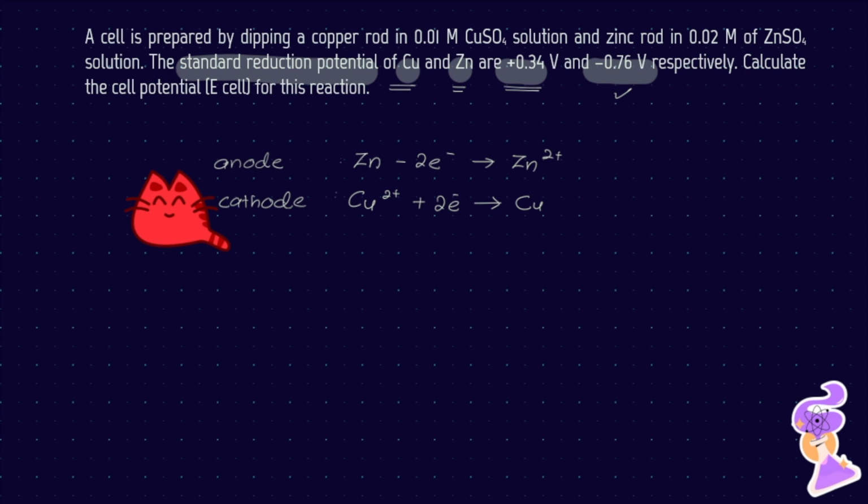Now what you are going to write here is the E cell standard. For copper, you just have to copy 0.34, but for the zinc, because this is standard reduction and you already changed it to oxidation, from negative 0.76 you change to positive 0.76 volt. Therefore, you will get your standard cell potential equivalent to the summation of these values.